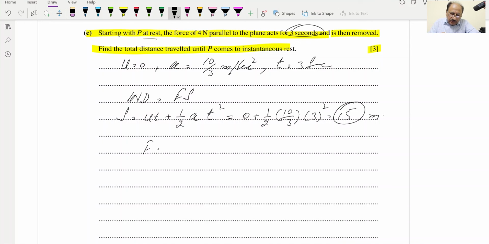Work done is equal to F into S. We can use work done is equal to F s, and force is 4 Newton, which is already given, so we can replace, this will be 4 into 15.